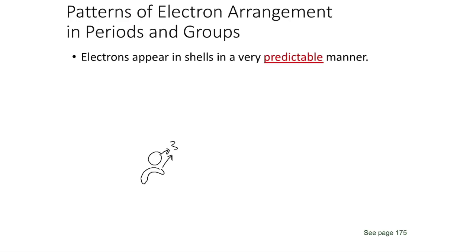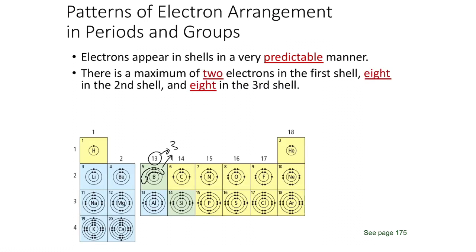Now, patterns of electron arrangements in periods and groups. Electrons appear in shells in a very predictable manner. There is a maximum of 2 electrons in the first shell, 8 electrons in the second shell, and 8 electrons in the third shell.